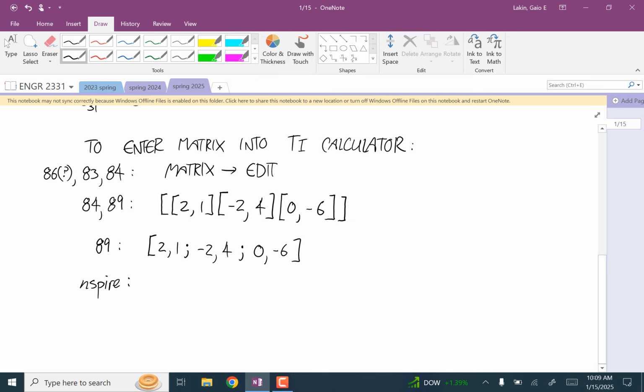To do that, there's a little button on the right side that looks like, I think, matrix elements. Then you have to tell it what size you want, and then you just enter it in the keypad. It's sort of clicky, but it is pretty quick and efficient.